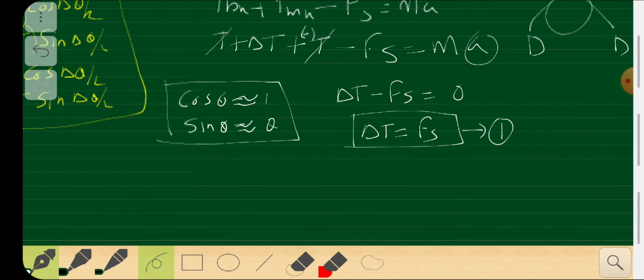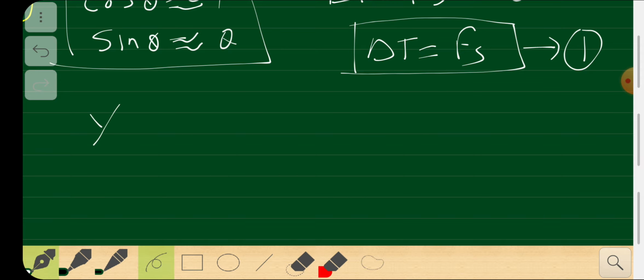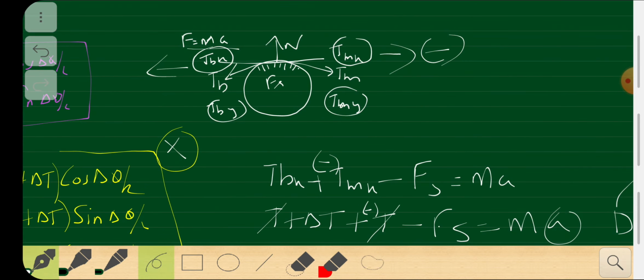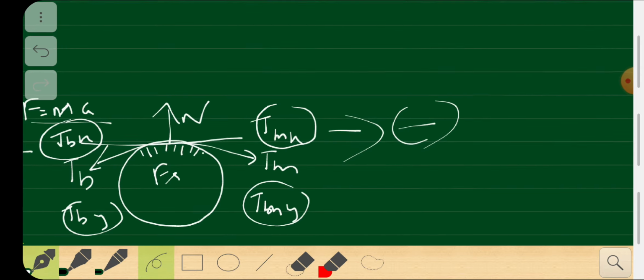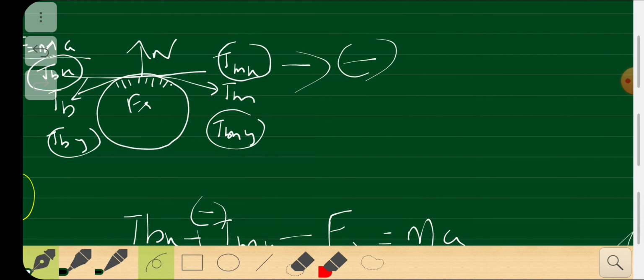Now let's do the y-axis. So in the y-axis, what you have is the normal force. I'm going to write it down here somewhere so that it will be easier. So in the y-axis you have the normal force, and you have TBy and TMy, right?